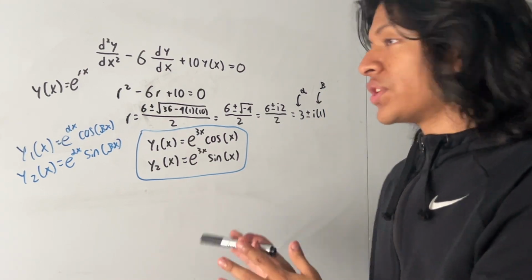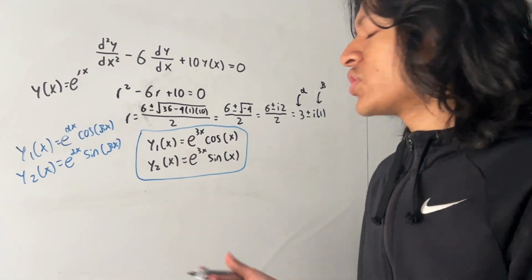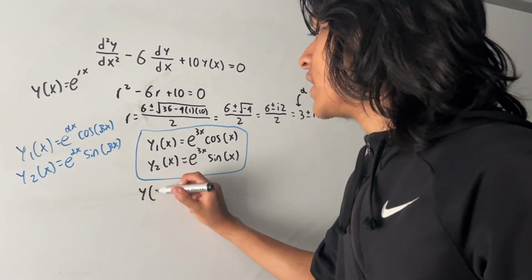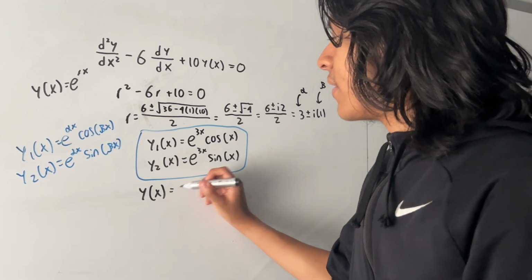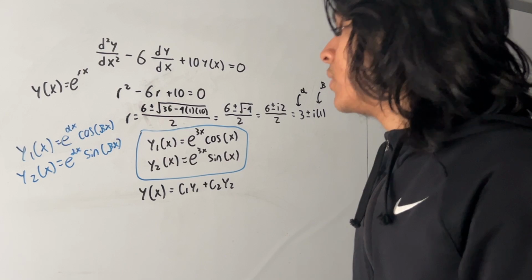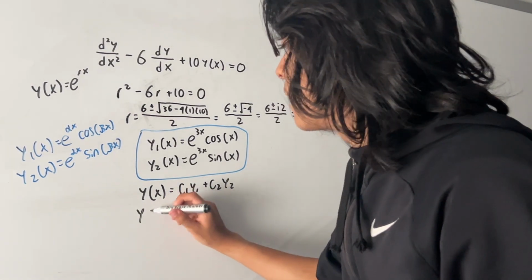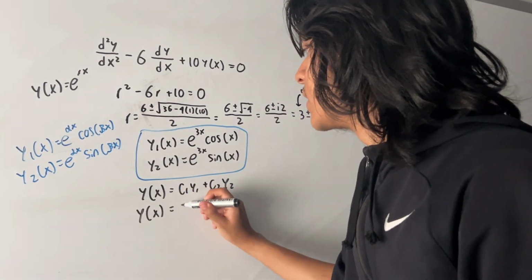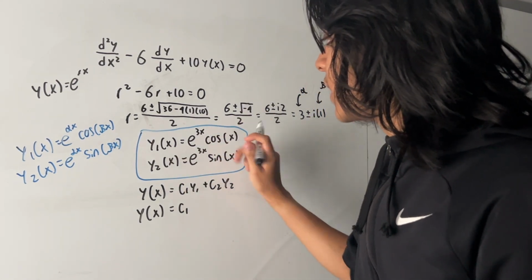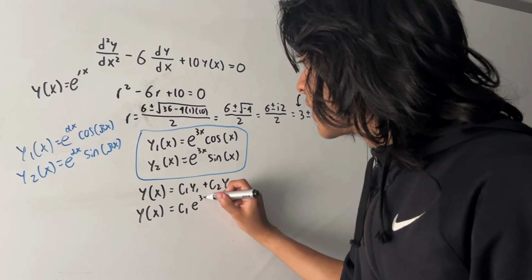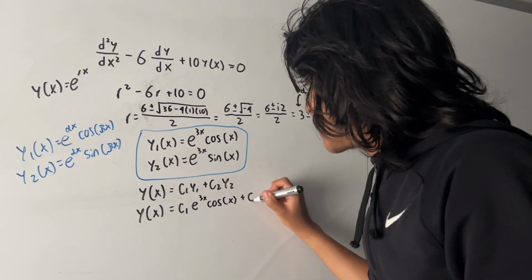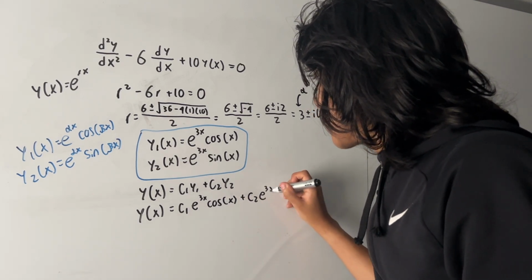Actually, before we close off this problem, I almost forgot about the general solution. Our general solution is going to be the same thing, where we have c1 y1 plus c2 y2. We can just plug them in. So y of x, our general solution, is going to be c1 e to the 3x cosine of x plus c2 e to the 3x sine of x.